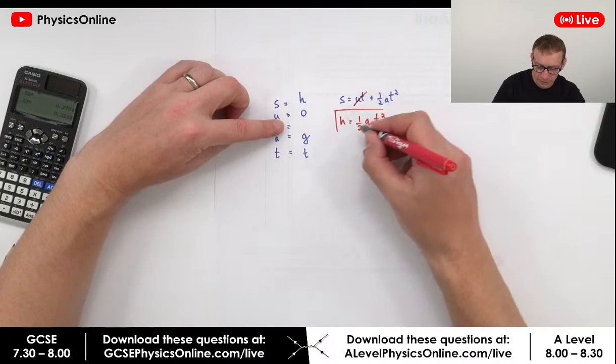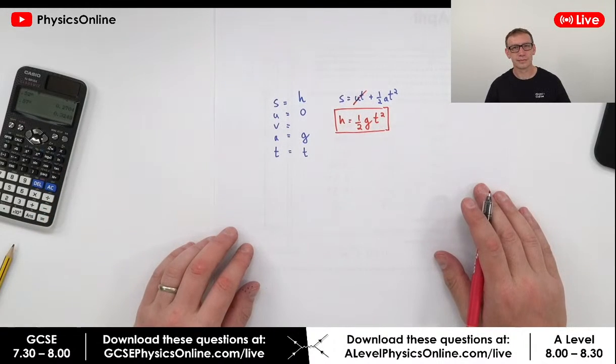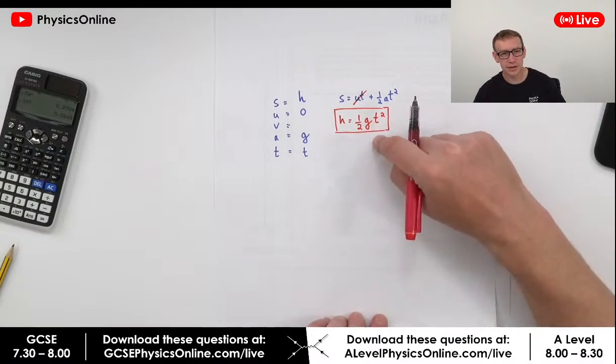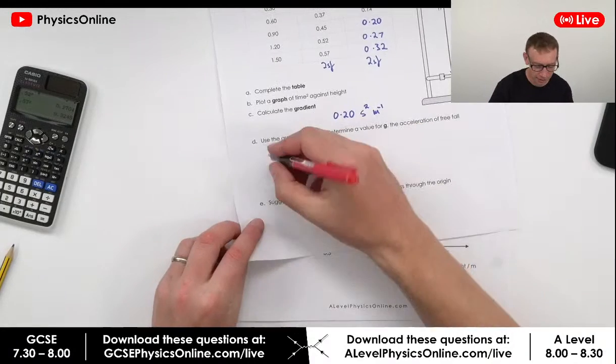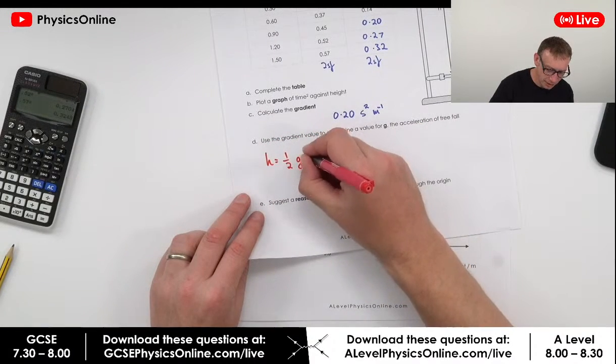Okay, so this is the equation that we can use. Does that make sense so far? So we know that the height dropped is equal to a half g t squared. I'm just going to write that down over here. So the height it falls is equal to a half g t squared.